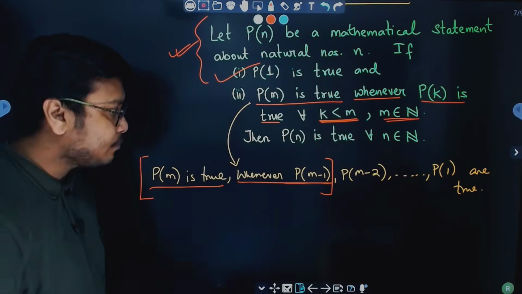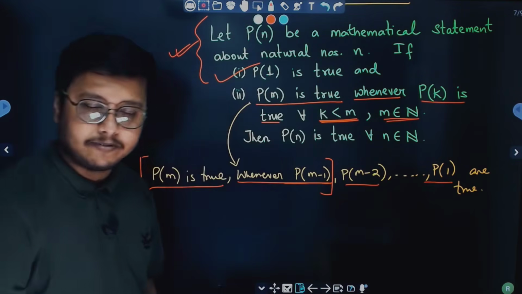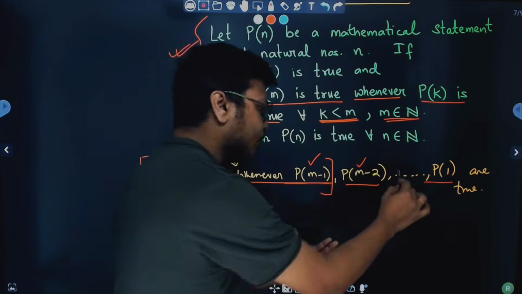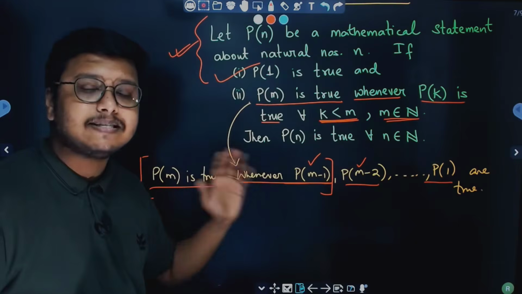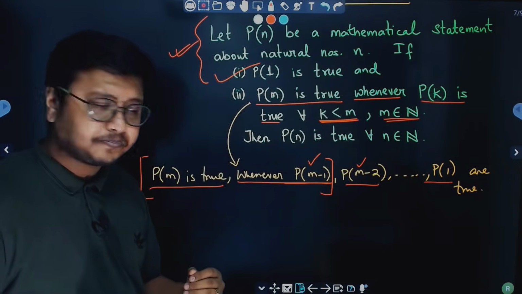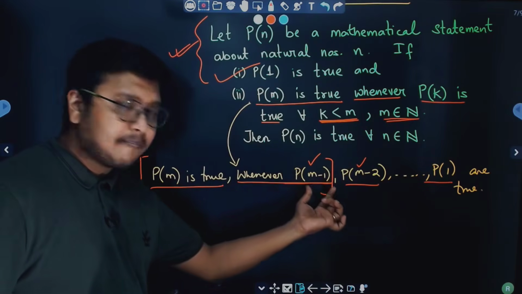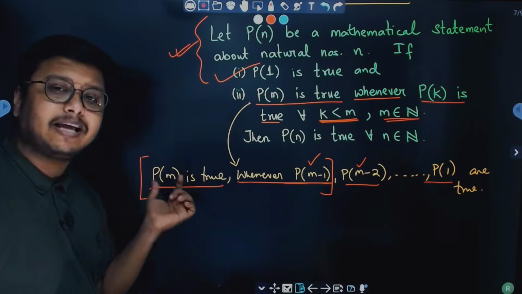Okay, sometimes we require all the previous statements or at least some of them. So when we require more than one previous statement, then that is called second principle of induction. Okay, so this will be necessary in questions where the m minus 1th statement is not enough to prove the validity of the mth statement.